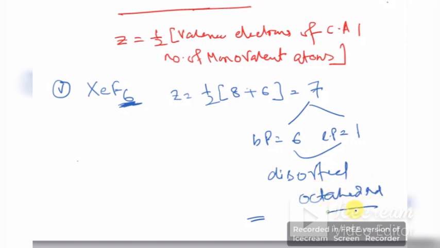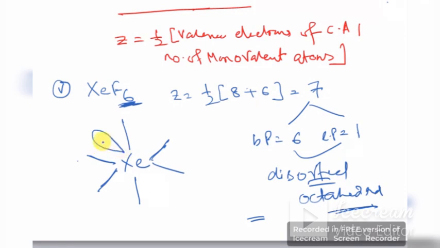Just remember distorted octahedral. So for distorted octahedral, how can we draw it? Just see. Make a square. After that, up and down, and some at an angle. You see the lone pair at an angle. This is one electron pair, which is the lone pair, and then the rest of the positions will be occupied with fluorine.